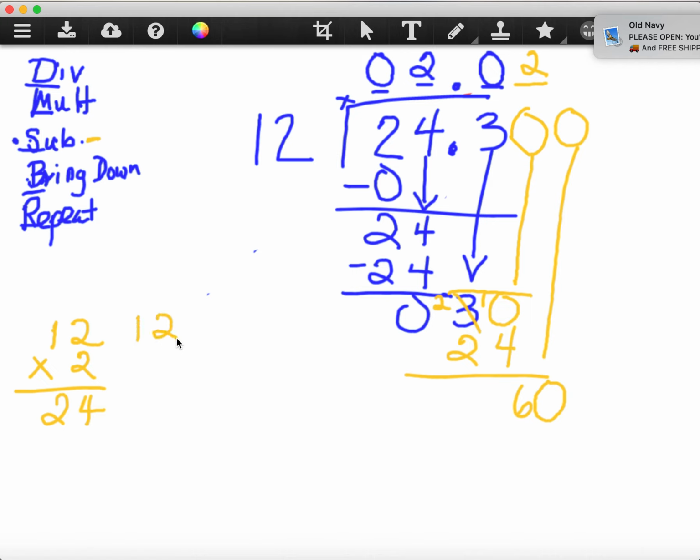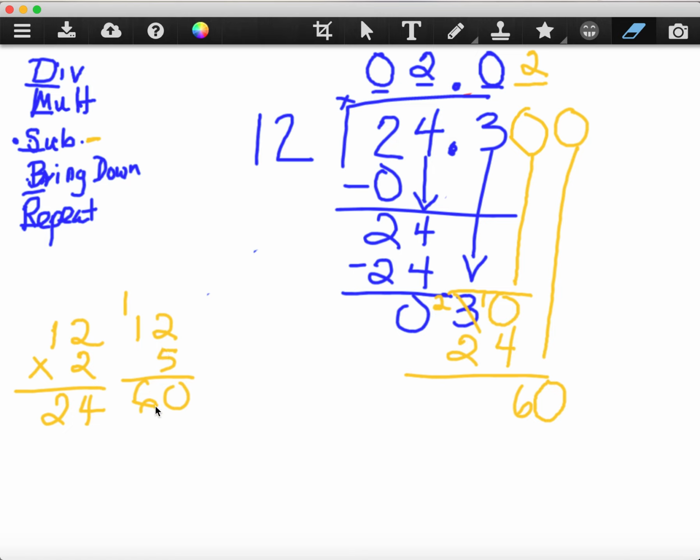If I did 12 times 4, it would be double that, 48. 12 times 5, there we go, 12 times 5. It also ends in a 0, so 12 times something to get to 60 could possibly be 5, because remember our divisibility rules, so it could be 5.